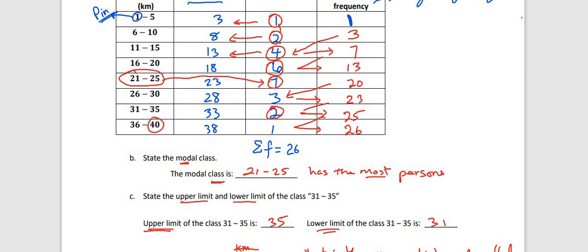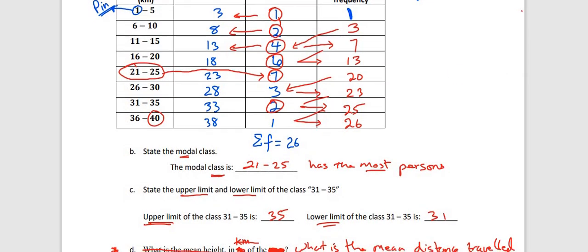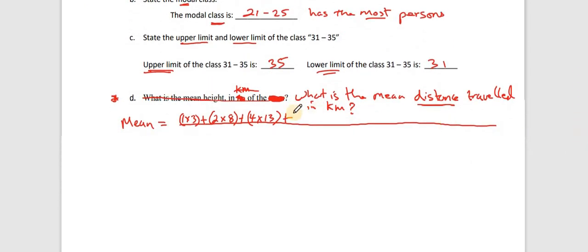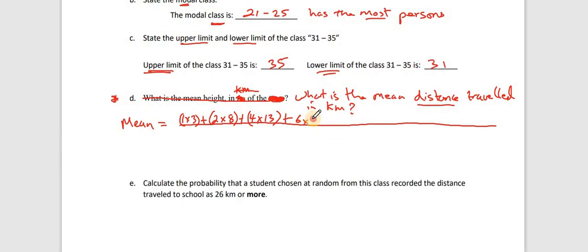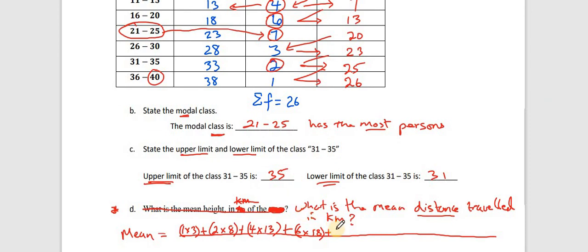What's the next one? 6 times 18. The next one? 7 times 23. 7 times 23. Yes, sir. Next one? 3 times 28.